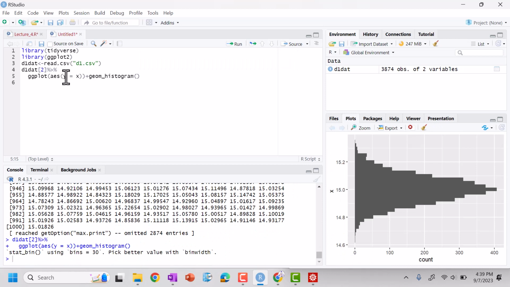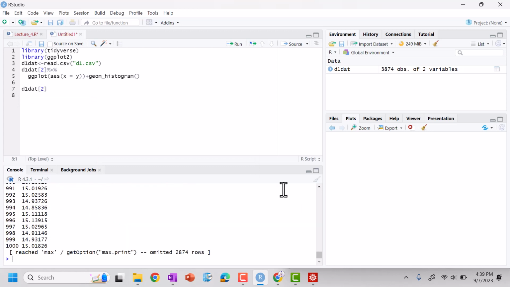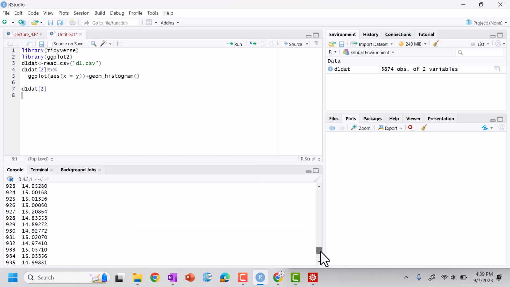Actually, excuse me, sorry, X axis is equal to Y. Now we're flipped. Why do you not like that? Let's look at D1 dat, D1 dat of 2. How does this look? It's fine.